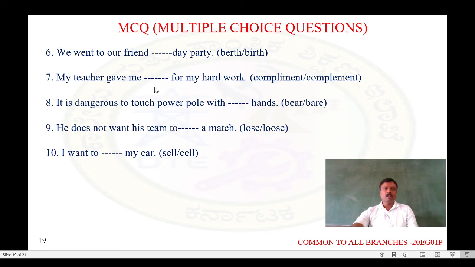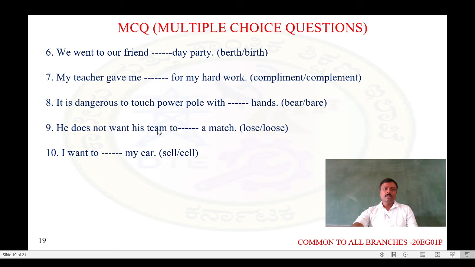My teacher gave me a dash for my hard work. Compliment and complement. Here C-O-M-P-L-I-M-E-N-T, compliment, is the right answer. It is dangerous to touch a power pole with dash hands. Bare, bear. Here B-A-R-E, bare, is the right word.